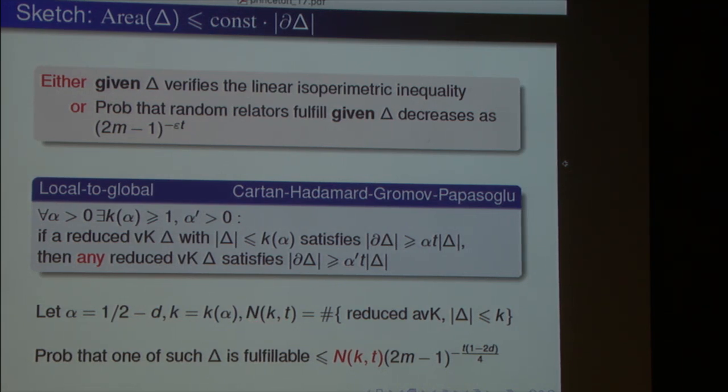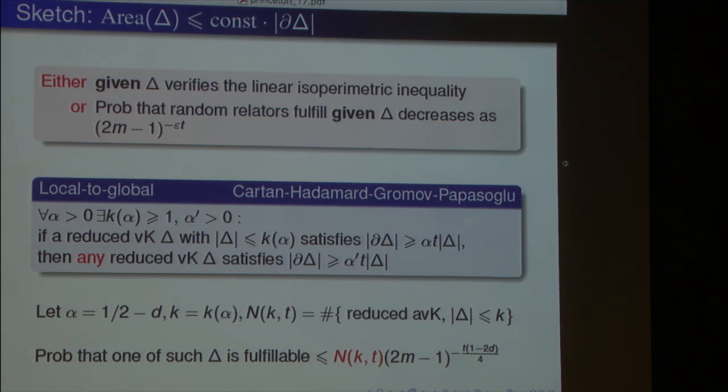K is the bound on the number of faces in the diagram, but I can glue them. So I need to estimate how many I have, because my estimate on the probability is on a given abstract one component diagram. Now I have to estimate how many times I can produce these finitely many things.